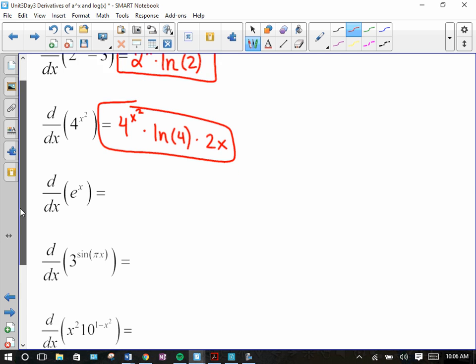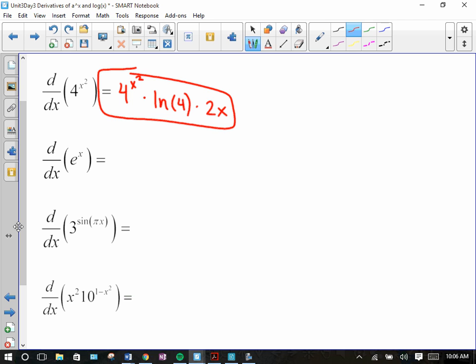Alright, the derivative of e to the x. What is the derivative of e to the x? Let's do it all the way through using that same rule and see why it's e to the x. So we go e to the x times natural log of the base times 1, because that's the derivative of x.